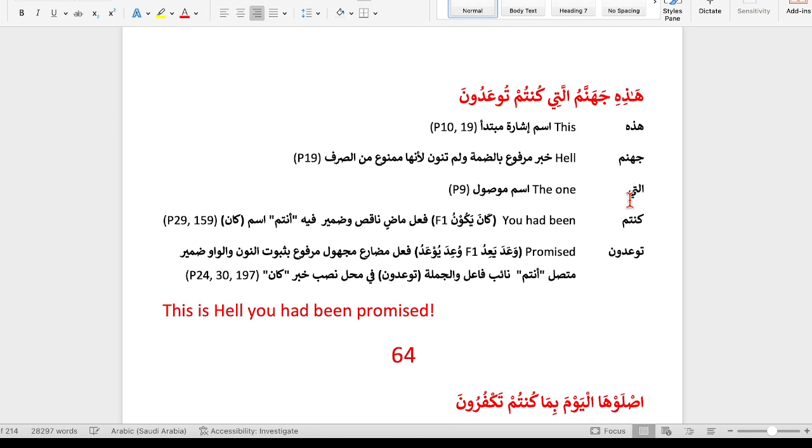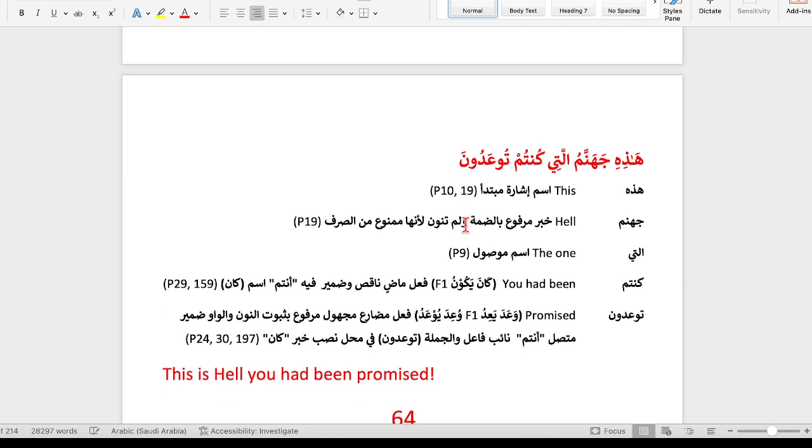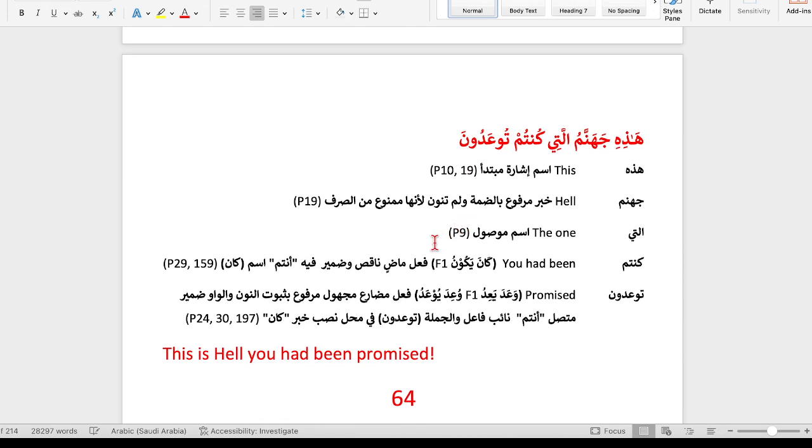So allati kuntum, you were, you had been. Again kana yakunu has come before in the previous verse. So fi'lu madin naqisun wa damir fihi antum ismu kana. Let's go to the table for kana yakunu on page 159 and see how it changes to kuntum.